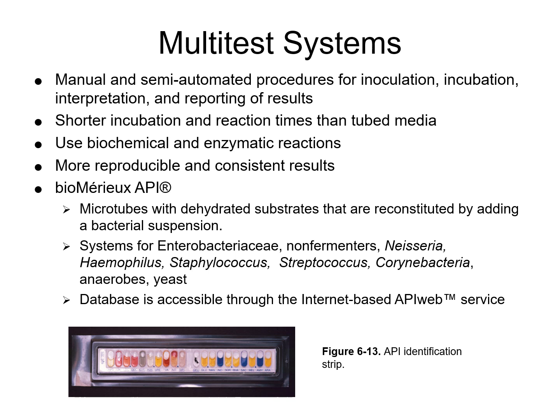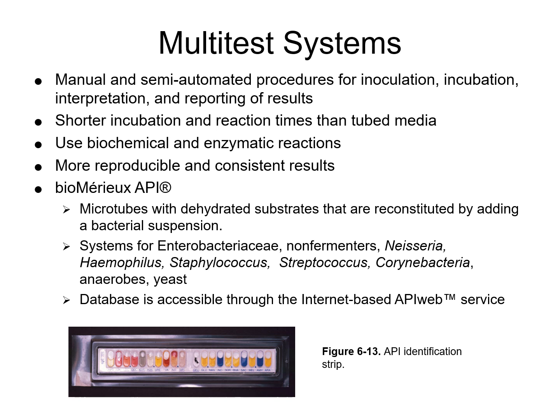Multi-test systems are manual or semi-automated procedures in which we perform inoculation, incubation, interpretation, and result reporting of a particular organism. There's a shorter incubation and reaction time than if we were to do it in tubed media. It uses biochemical and enzymatic reactions, and it gives more reproducible and consistent results.